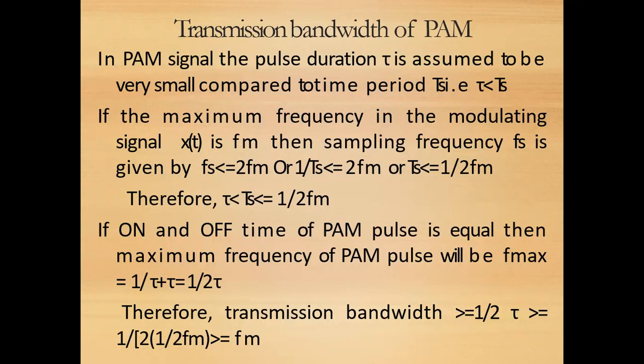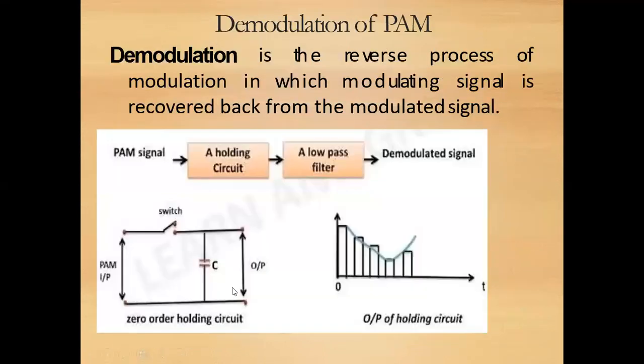Coming to the transmission bandwidth of PAM, for the PAM signal the pulse duration tau should be less than or equal to TS. We have seen generation; now demodulation. Demodulation of PAM is the reverse process of modulation. Here we will be using a simple low pass filter. As in the block diagram you can see, a holding circuit and a low pass filter.